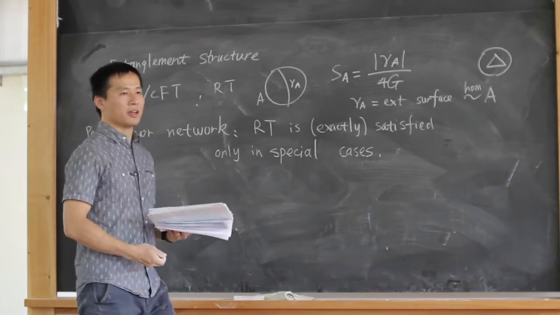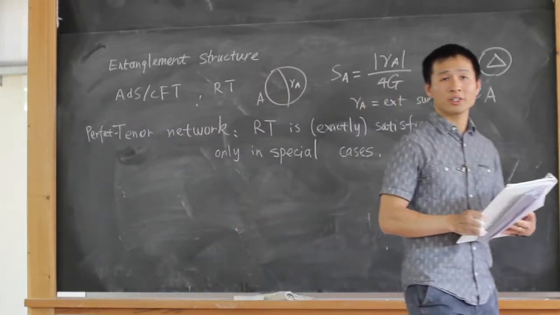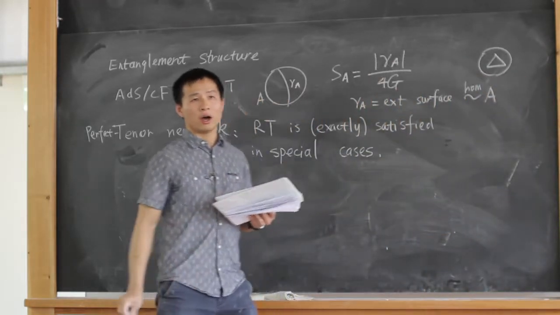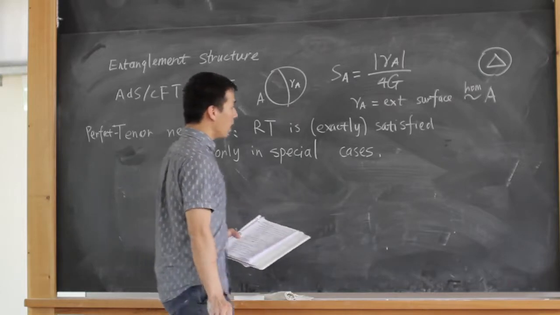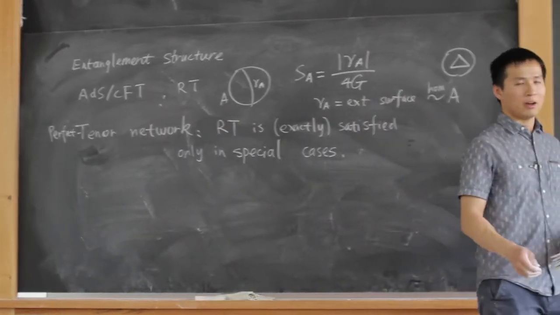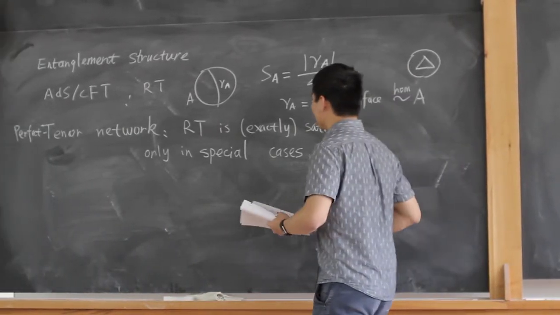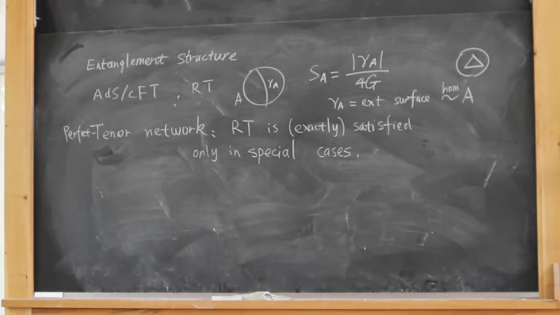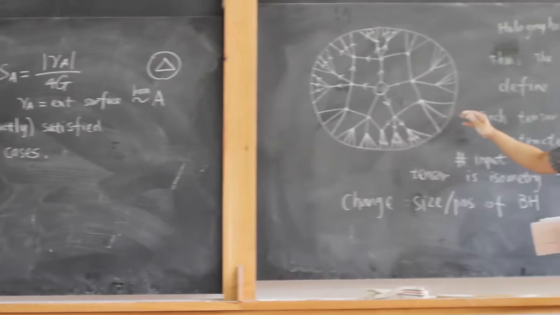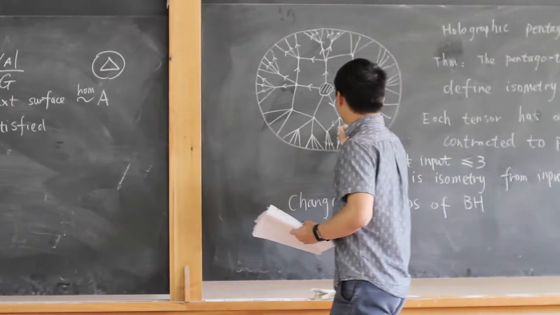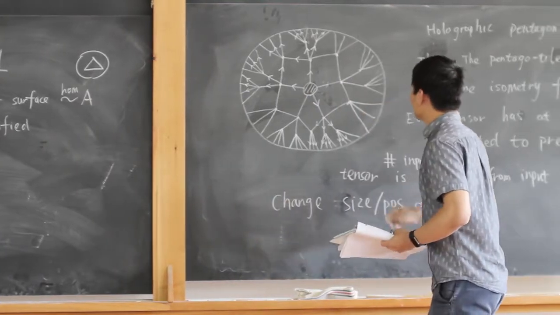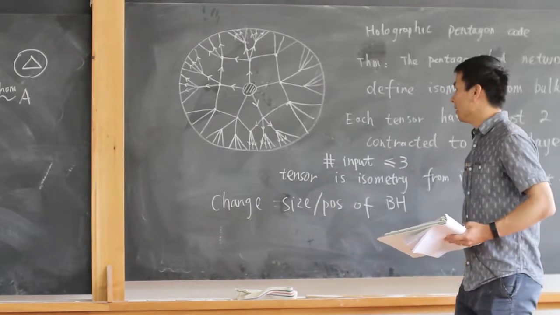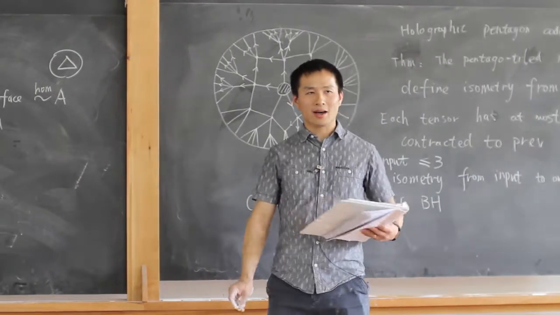The special cases involve situations when A is a connected region, so not a union of two disconnected regions. And also, at least in terms of actually knowing it's exactly satisfied, it is true in a slightly different variant of this tensor network, where instead of having hyperbolic space tiled by pentagons, we tile it by hexagons.